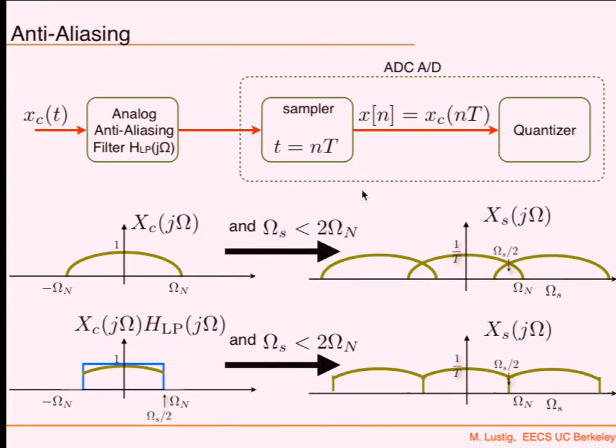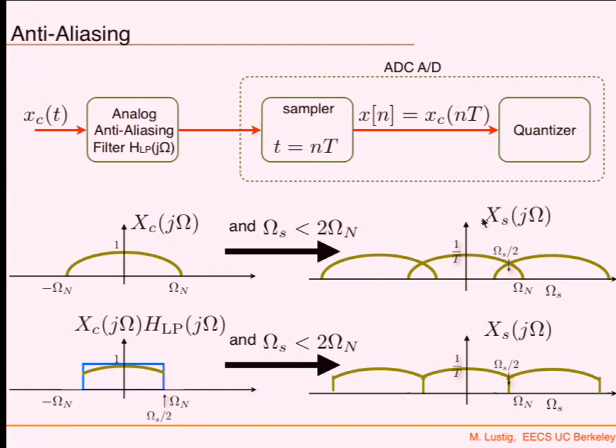So let me just give you a hint of what's going on. If I have a signal that goes through an analog anti-aliasing filter, you've seen this before. If the sampling rate is less than twice the highest frequency, then I'm going to get aliasing if I don't have this anti-aliasing filter.